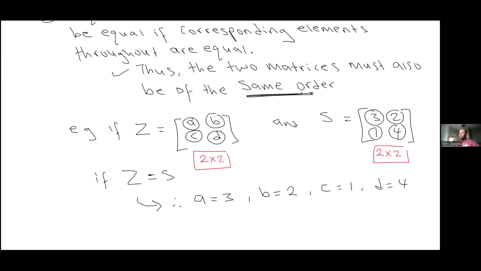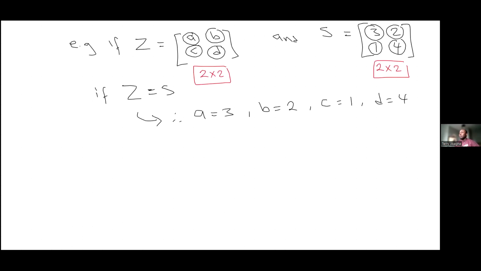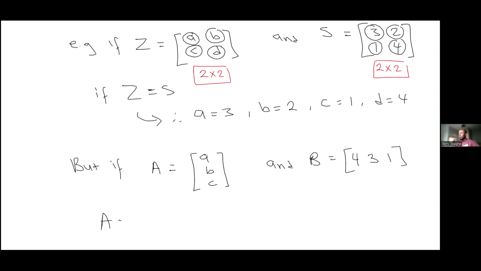Now, but if we have two matrices, A is equal to A, B, C, and B is equal to 4, 3, and 1. That means A cannot be equal to B. It's not possible for A to be equal to B because they are of different order.